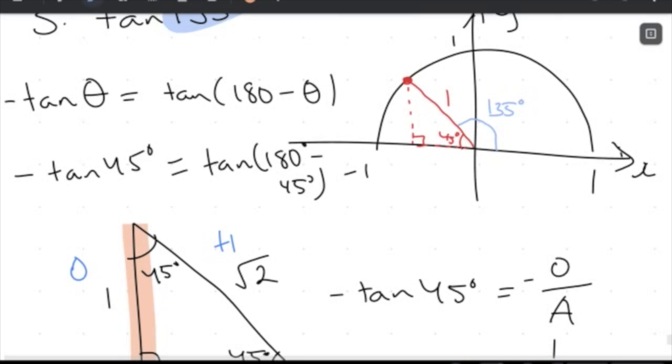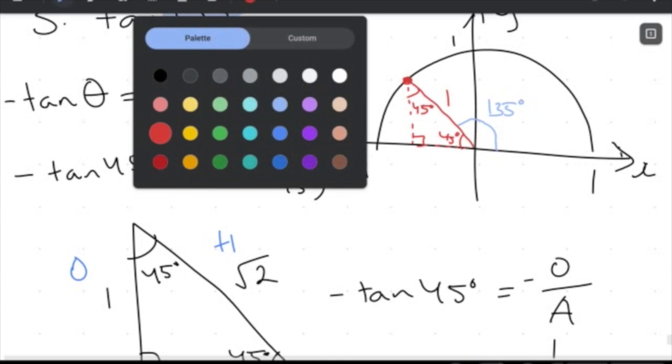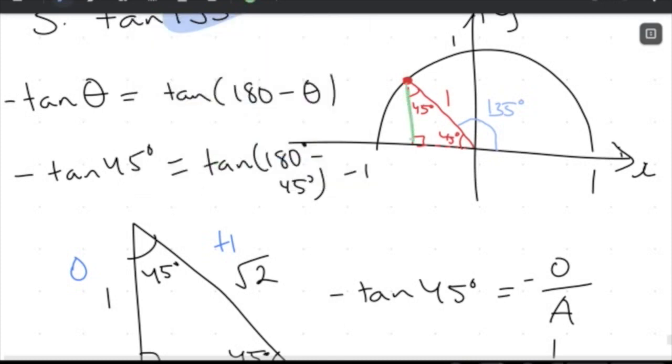So it doesn't matter what the lengths of this and this are. Since both of these angles are 45, these sides are going to be equal. Because remember, when the angle opposite one side is the same as the angle opposite another side, the sides opposite those angles will be equal too.